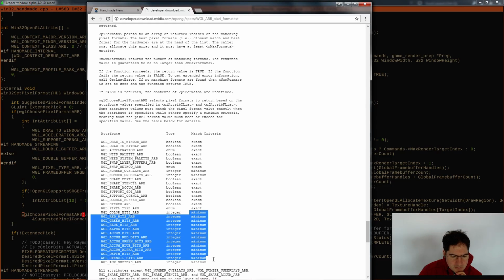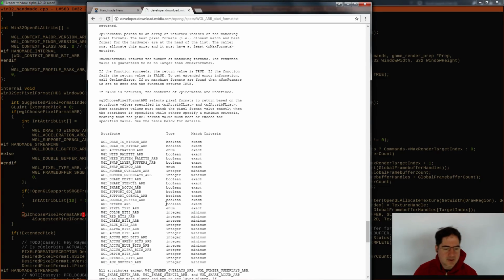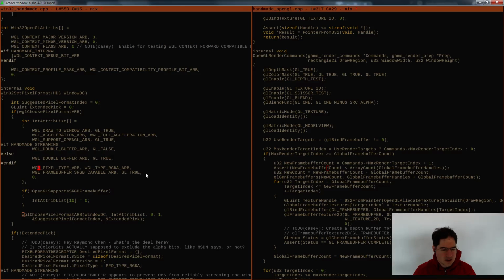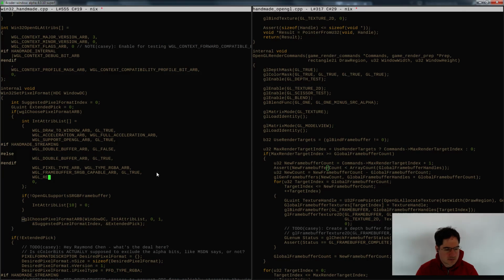So these are minimums, so I guess that's fine, because that way we wouldn't prevent it from giving us a 16-bit color buffer if it had one, right? So that seems reasonable. So I could do red, green, blue, alpha, and depth, and just specify those. And that seems good, right?